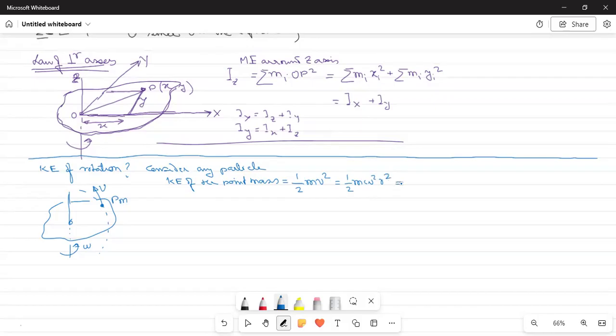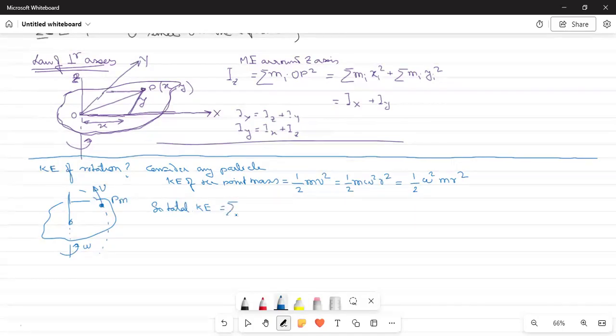This is equal to half omega squared m r squared. This is the kinetic energy of the point mass P. So the total kinetic energy will be the sum of all these things.